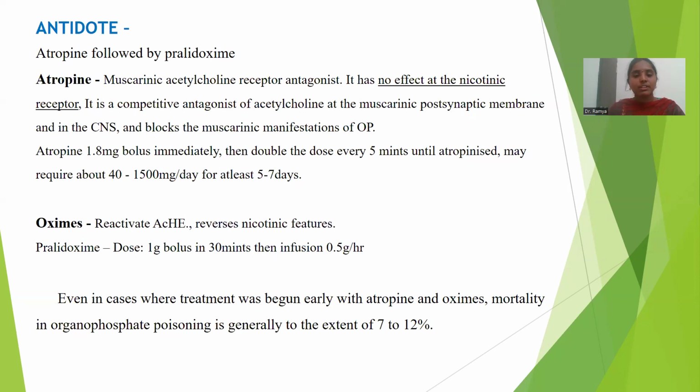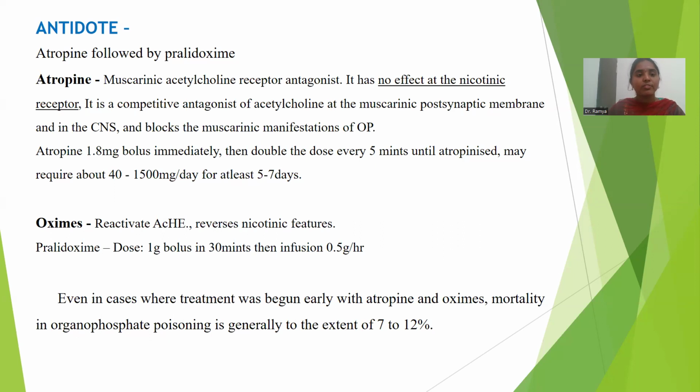Whereas oximes show their effects on nicotinic receptors. Atropine for muscarinic receptors, oximes for nicotinic receptors. Atropine blocks the muscarinic receptors and decreases the muscarinic manifestations of organophosphates.